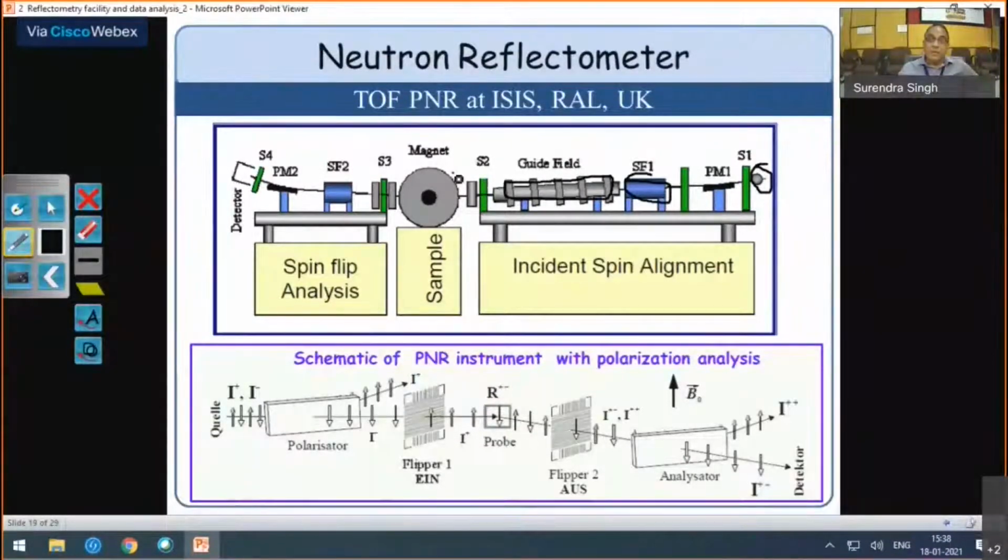Then we have a sample over here. Then these are the slits for collimation. Then the sample, the whole sample environment is there. Then we have another flipper, which I just explained, and then the analyzer over there, and then it detects. A typical schematic is also shown below. So we have a polarizer, a flipper, the sample, then a flipper, then the analyzer.